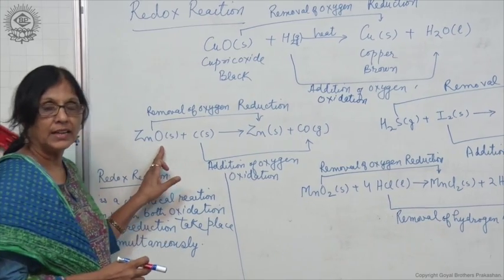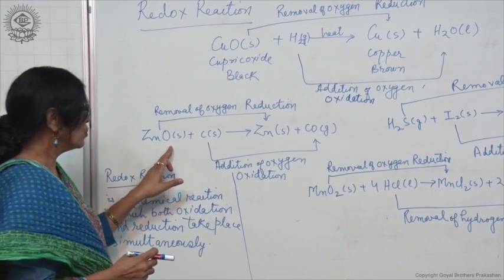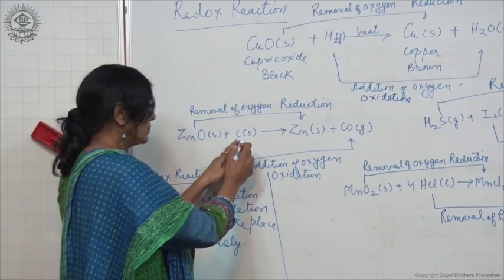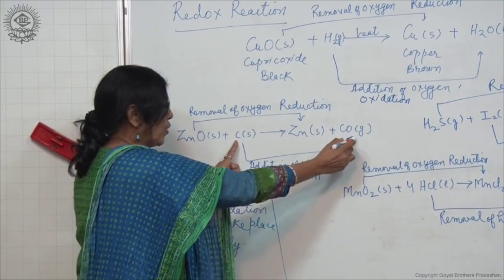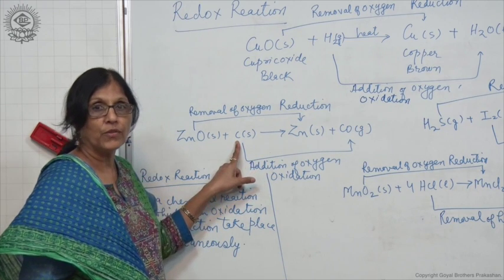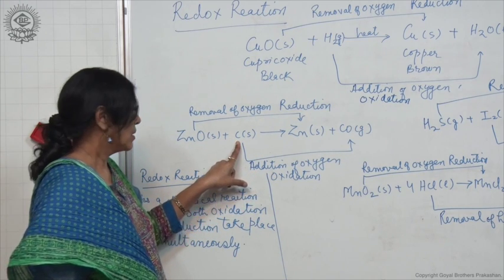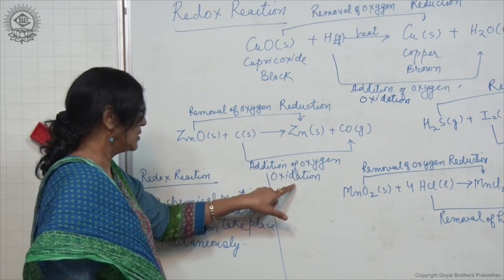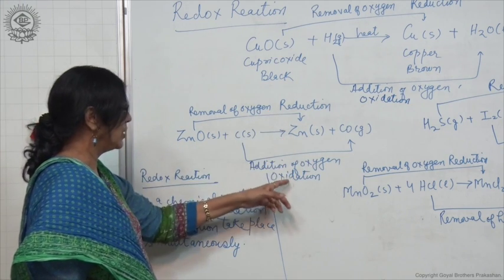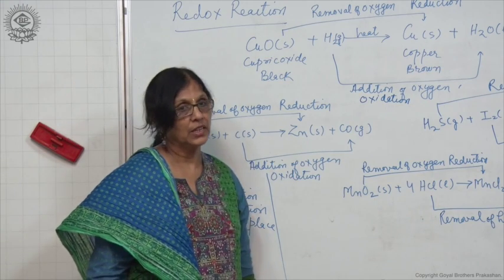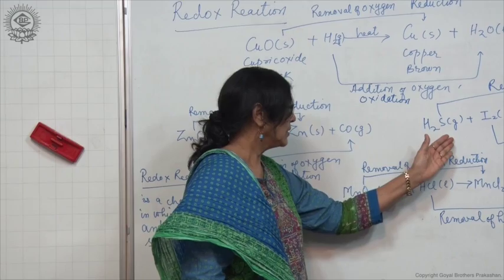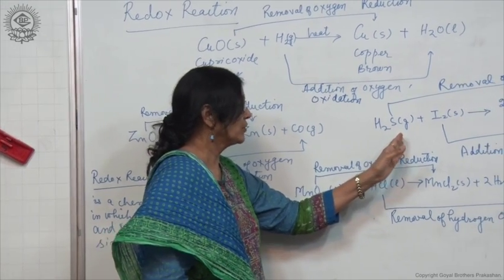So, zinc oxide is getting reduced to zinc. Now, see the case of carbon. Carbon is forming carbon monoxide. Addition of oxygen is taking place, and what is addition of oxygen? It is called oxidation. Addition of oxygen is called oxidation. So, in this reaction also, as both reduction and oxidation are taking place in the same reaction, it is an example of redox reaction. This is another example of redox reaction.